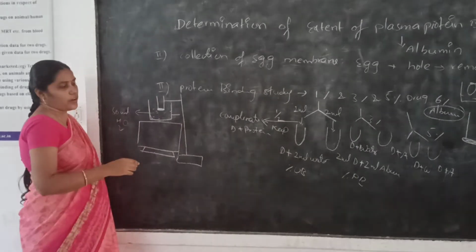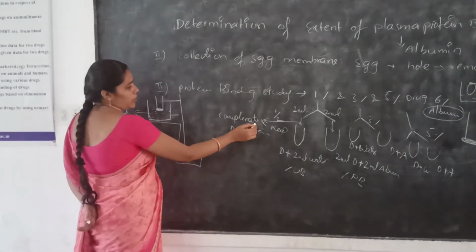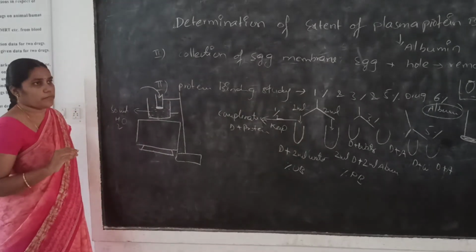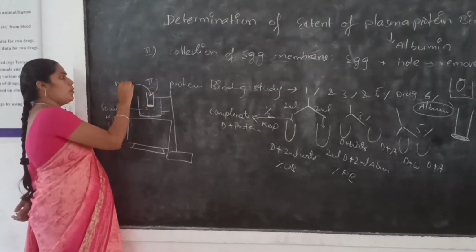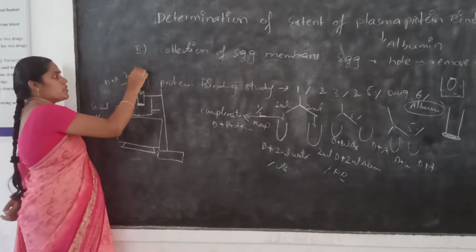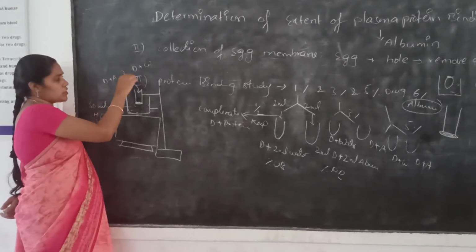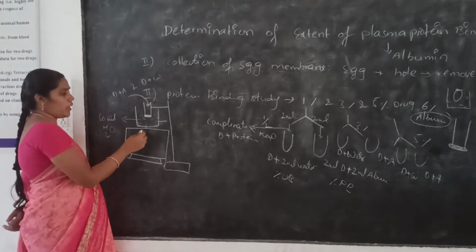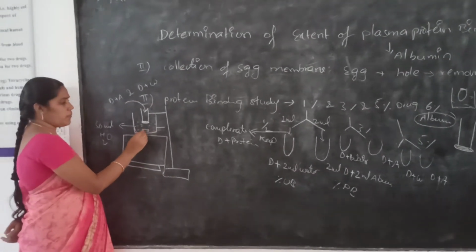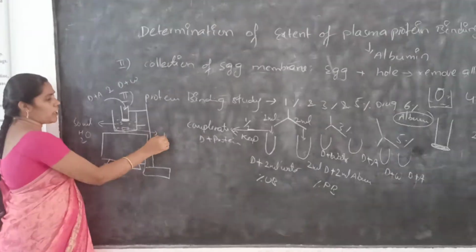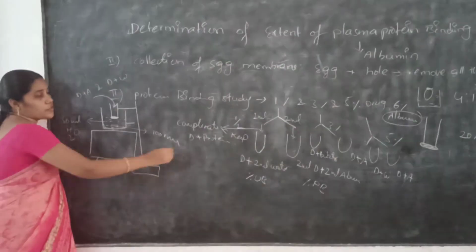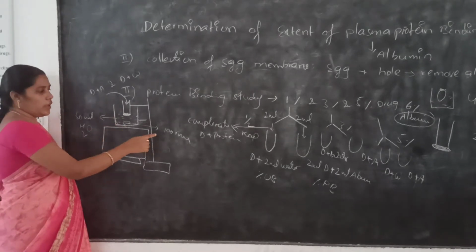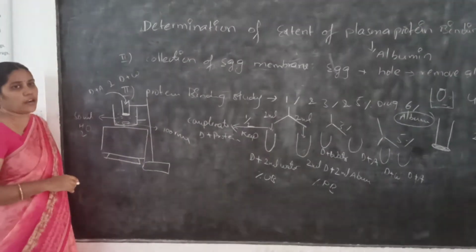Now the drug solution which was kept for half an hour, the drug plus albumin or otherwise drug plus water solution, is introduced into the open cylinder. The solution in the beaker is magnetically stirred at 100 rpm.